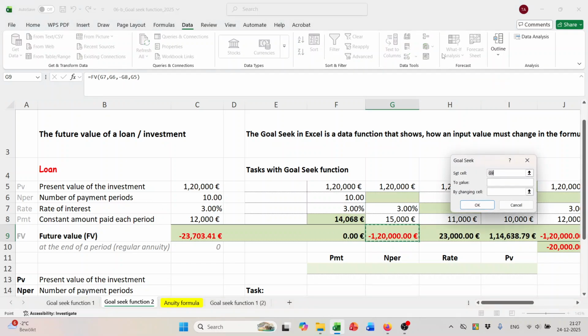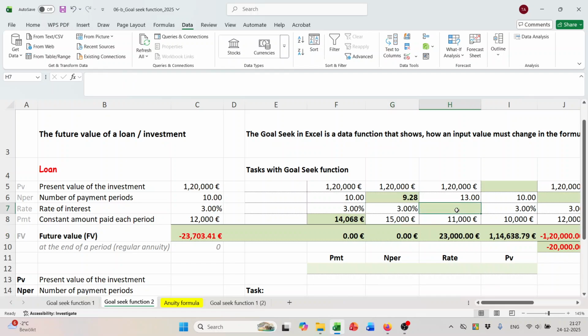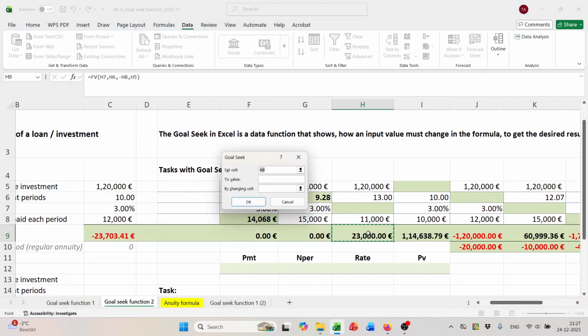What-If, Goal Seek, set cell, this cell, we want it to be 0, and we want to change this cell. And here also we want to change this cell. So goal seek this cell to value 0 by changing this cell.